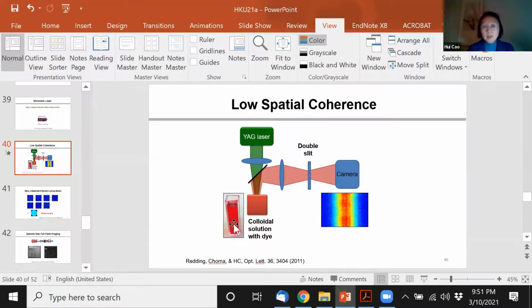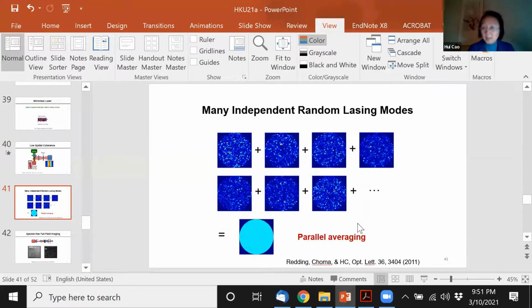In this case, we don't need these scatterers to move around, because we're using a short pulse, so during the short pulse the scatterers are almost the same. They have some random configuration. That configuration will generate all these different intensity patterns.